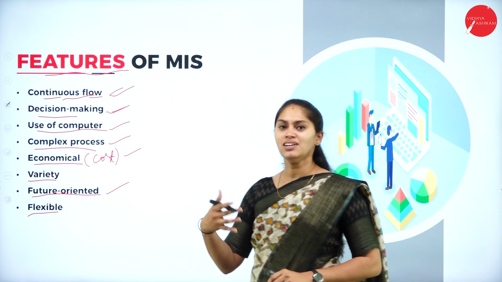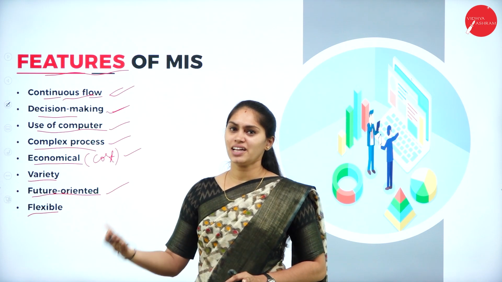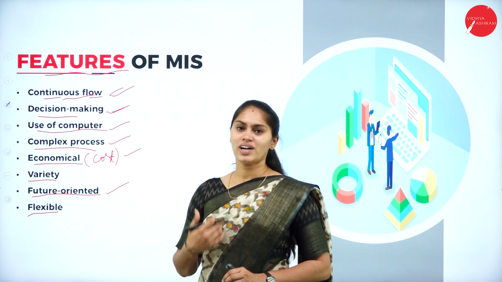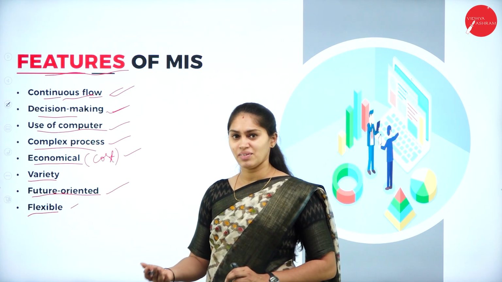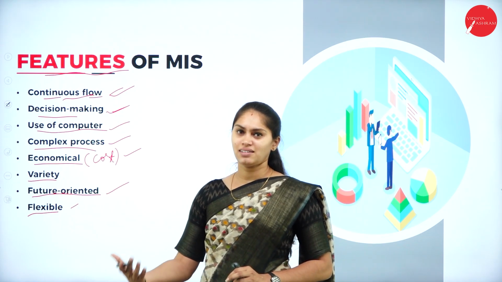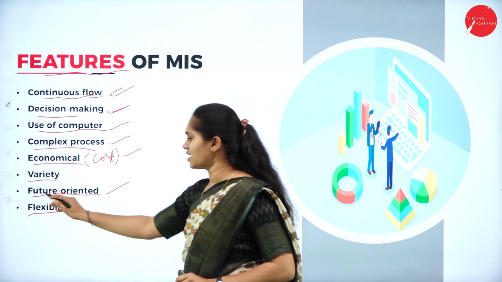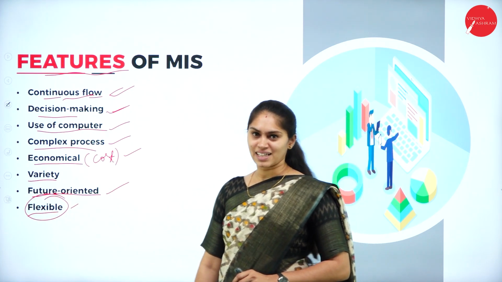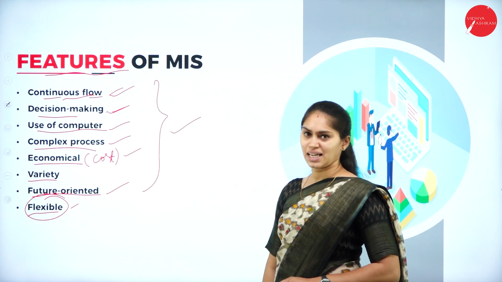Because we are dealing with a computer system which holds the data and information required for my organization. So it is available 24/7 irrespective of time, date and place, location. It doesn't matter for this computer. So it will be flexible in nature. These are the features of having MIS.